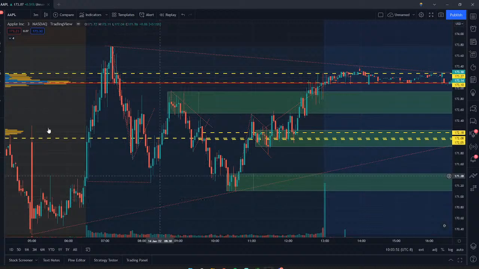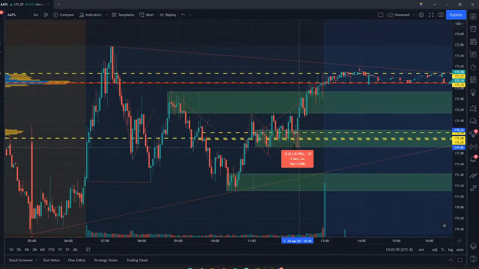There's one thing I did forget to mention, actually, really quick. These rectangle consolidations are going to be measured moves as well. So in this case, you can see this rectangle is 0.18%. So when we break the rectangle like we do here, we should see a positive 0.18% move minimum, which we do.